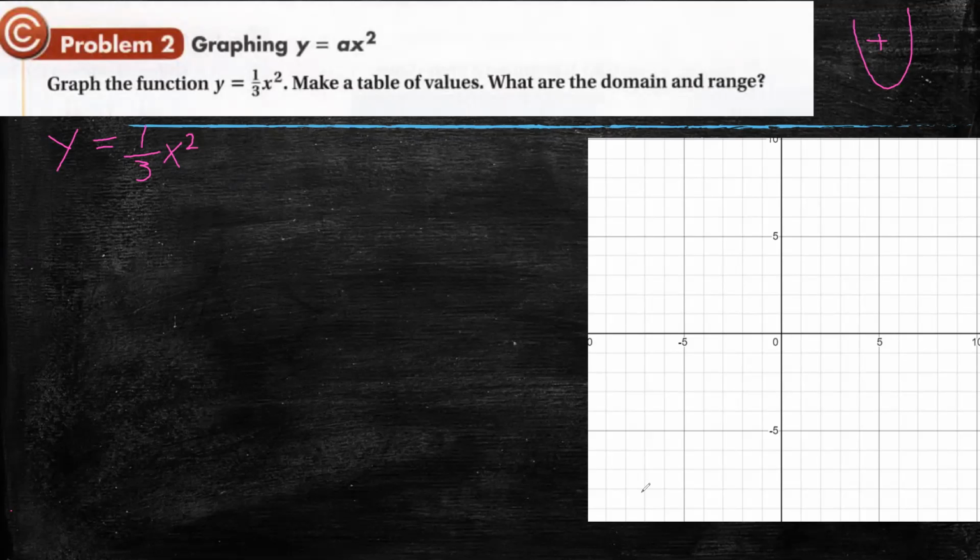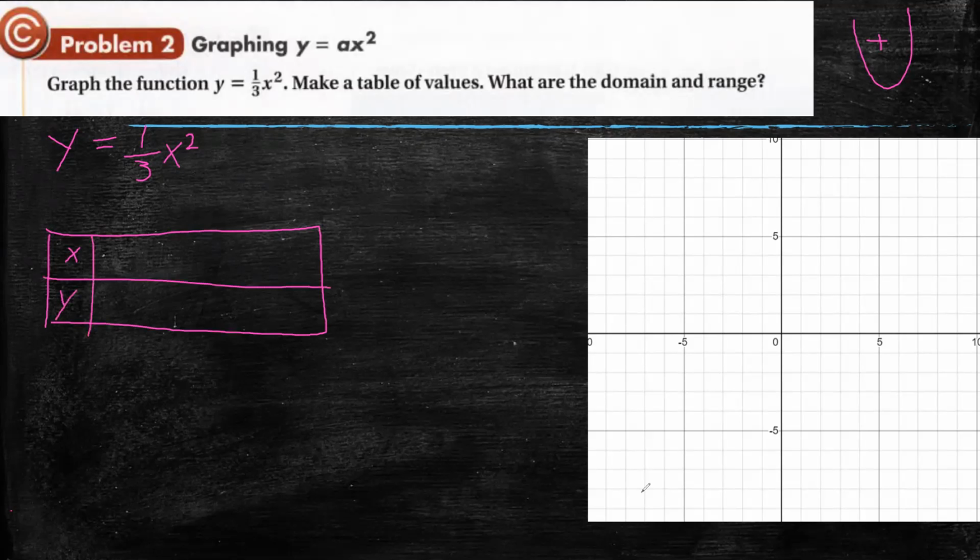Now let's graph it. The first thing is to make a table for our x points and y points. Start with 0, then 3, 6, and 9. Choose any points you want, but you must start with 0.